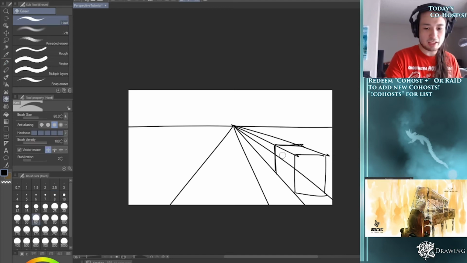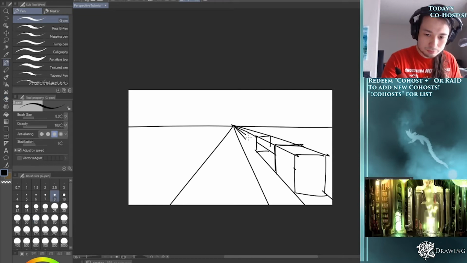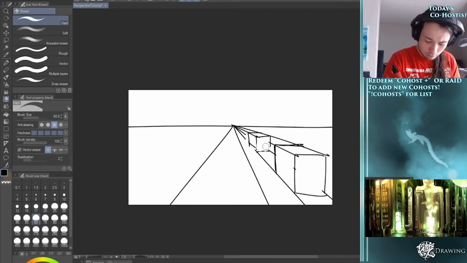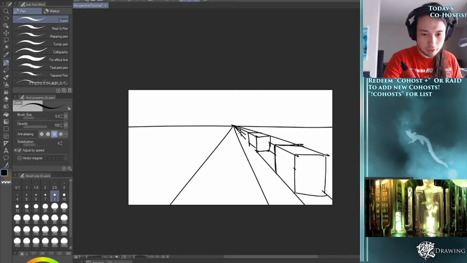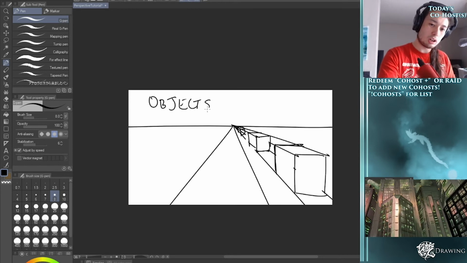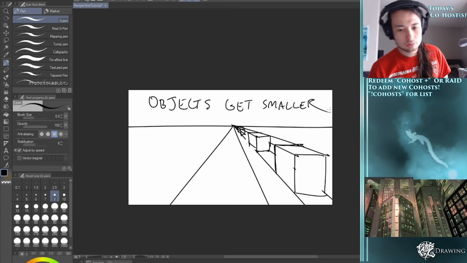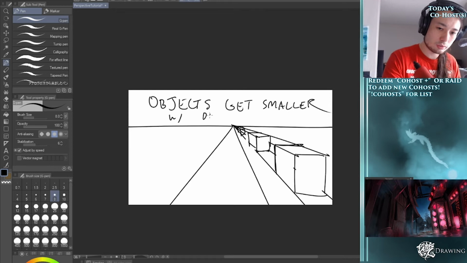So if the box is this close, it's going to be this big. But when the box is this close, it's going to be this big. They're going to appear to get smaller as they get further away. Now we have a general rule. Objects get smaller with distance.